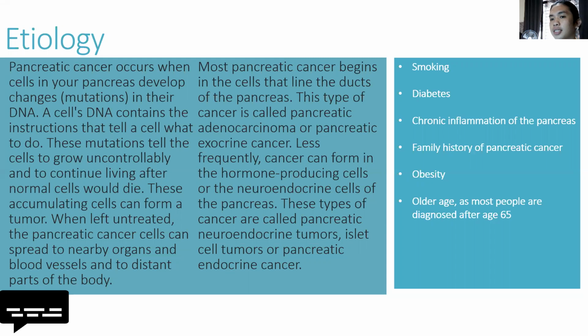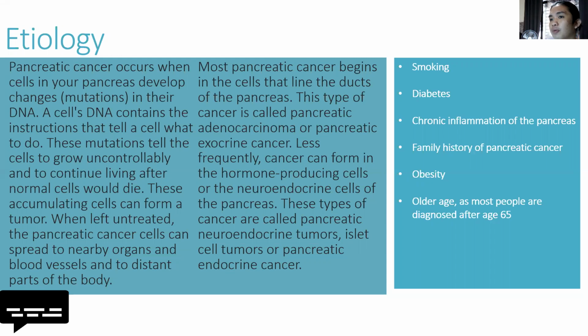These accumulating cells can form a tumor. When left untreated, the pancreatic cancer cells can spread to nearby organs and blood vessels and to distant parts of the body. Most pancreatic cancer begins in the cells that line the ducts of the pancreas.